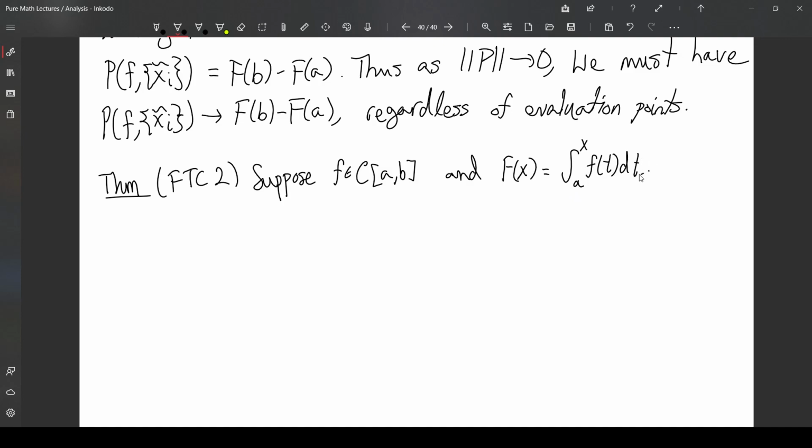So here we're using t for the integral because x, the variable of capital F, is in the integral. It's over a varying thing, and so x here is going to be defined for x in a to b. And remember that continuous functions on a to b are Riemann integrable. We've proved this before.